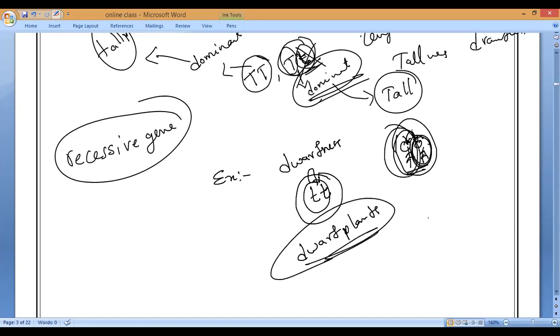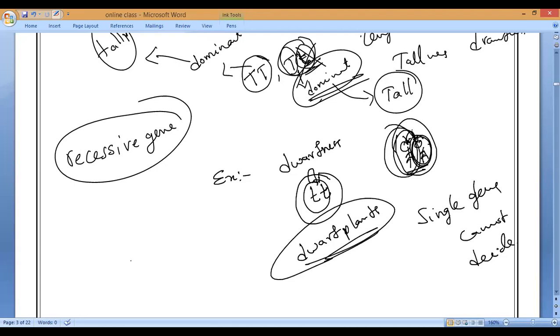So this gene is called a recessive gene. A single gene cannot decide the appearance of an organism. That is what we call a recessive gene. Do you understand, everybody? Please respond. Yes, sir.